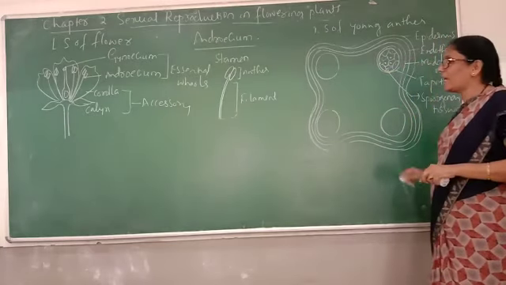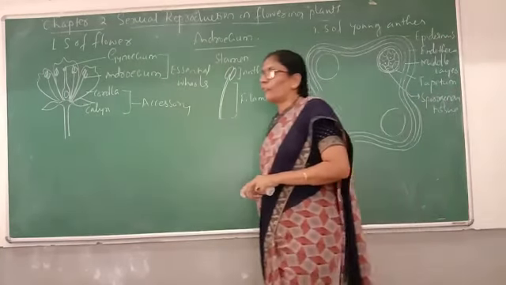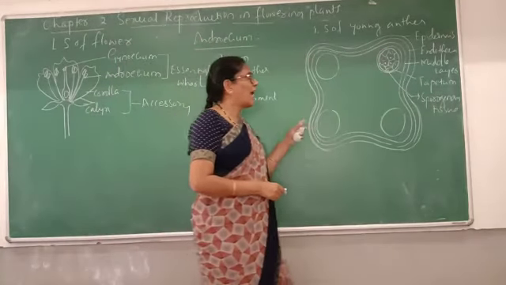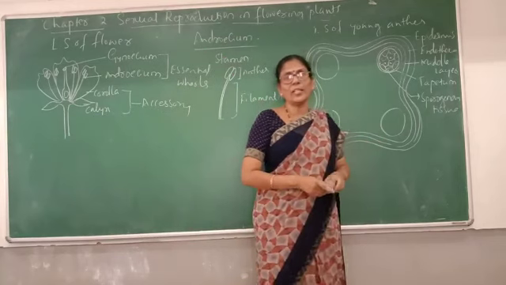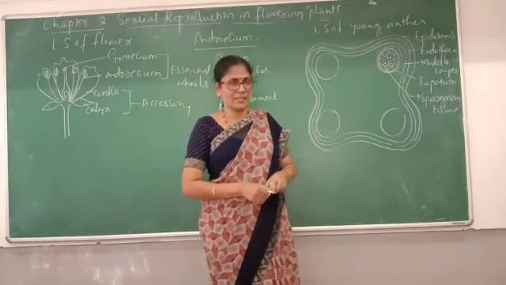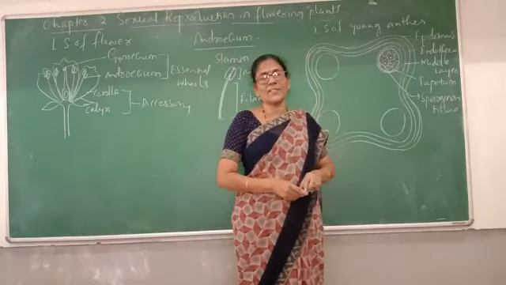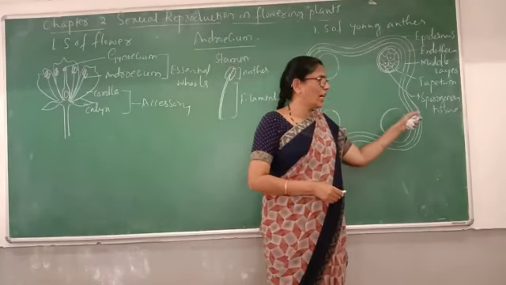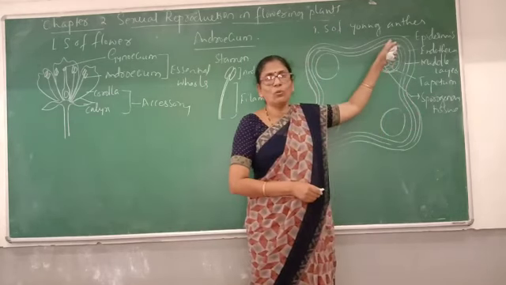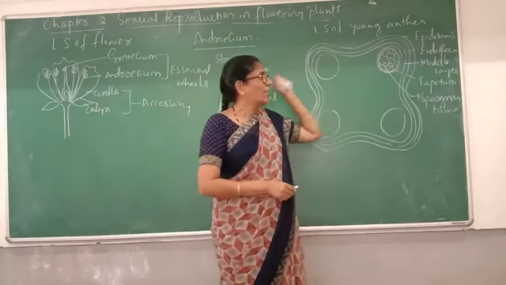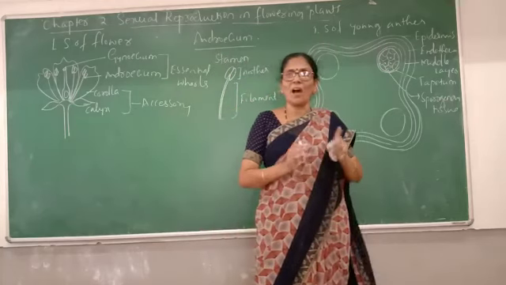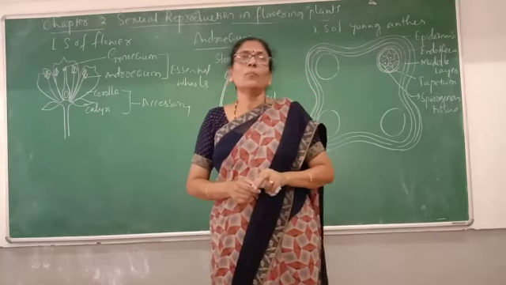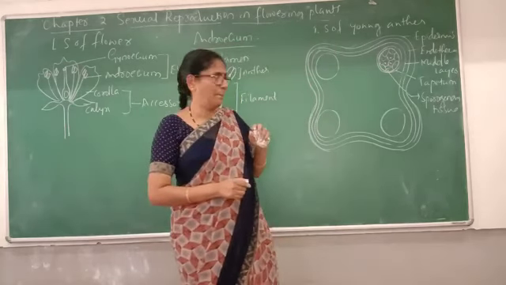The outer three layers provide protection, and they also help in the dehiscence of the anther to release the pollen grains. The innermost layer, the tapetum, has the main function of nourishing the developing pollen grains.